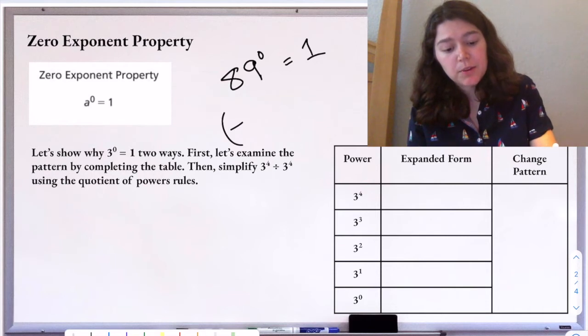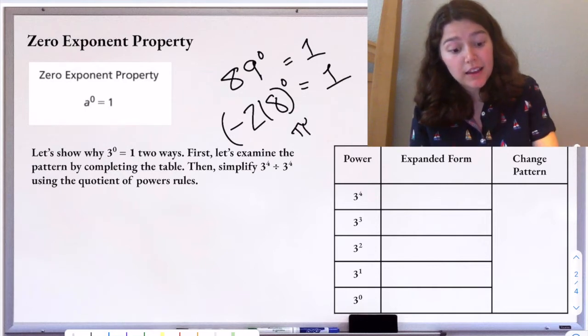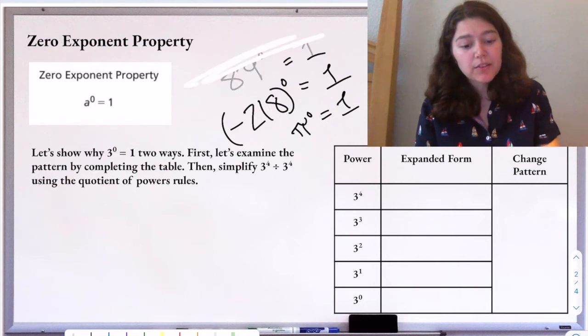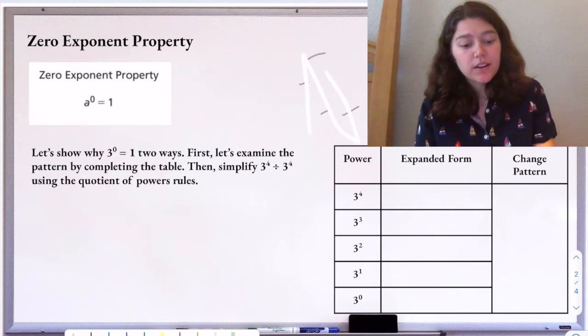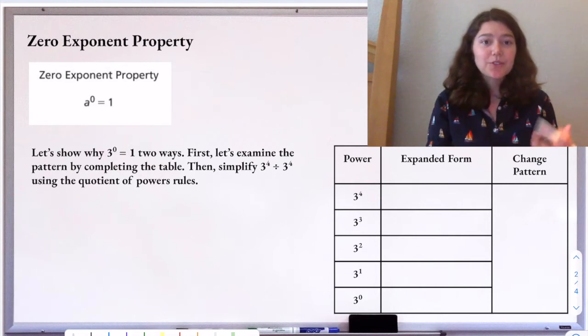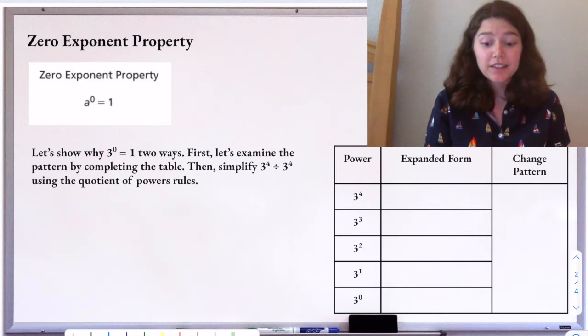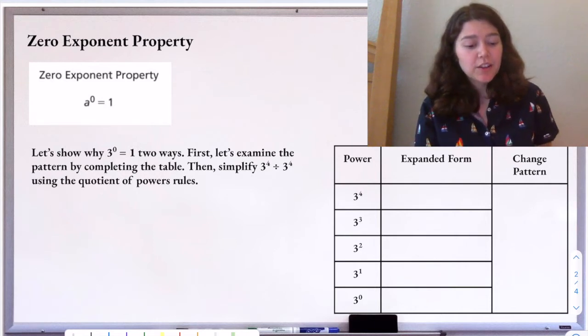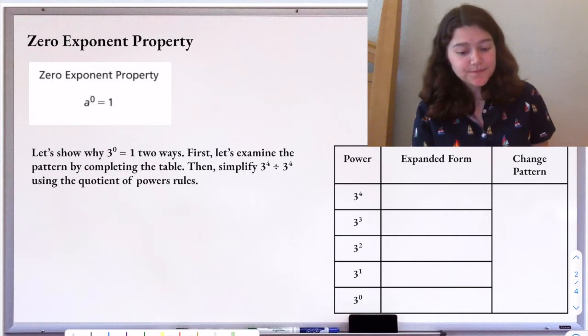You have to put in parentheses, but negative 218 to the power of 0 equals 1. Pi to the power of 0 equals 1. Any number to the power of 0 has the value of 1. People often think it would have the value of 0, so we're going to talk about why that is. So we're going to show why 3 to the power of 0 equals 1 two different ways.